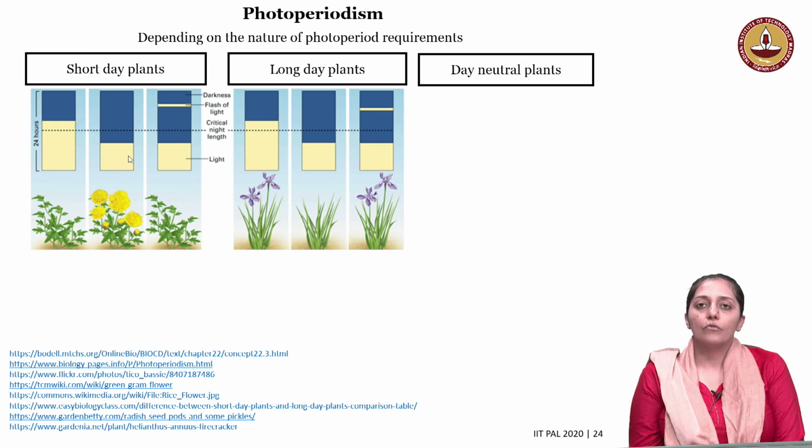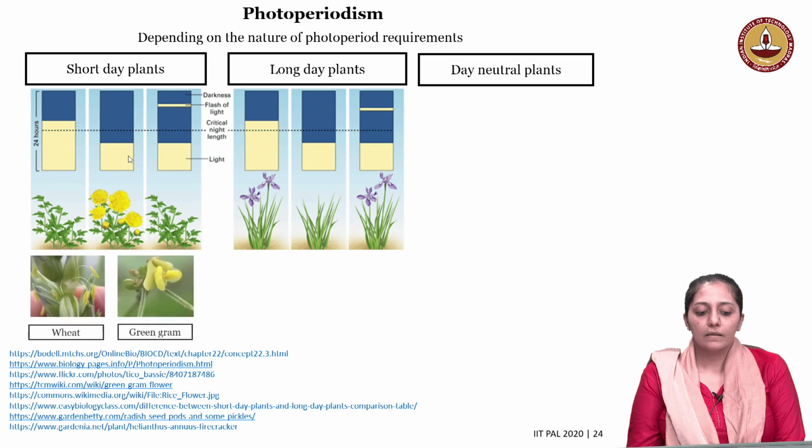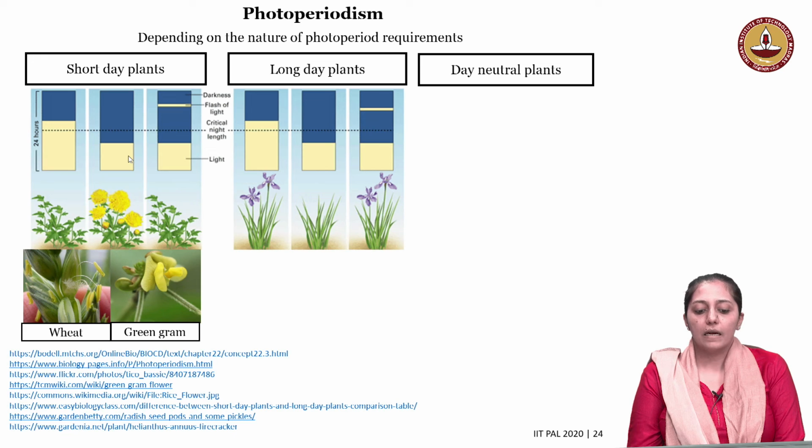As you can make out from the term itself, in short day plants, for example wheat and green gram, flowering might be promoted when the light duration is less. However, if the light duration is increased or there are flashes of light during the night, the dark duration, then too you will observe that the development is affected in terms of flowering.